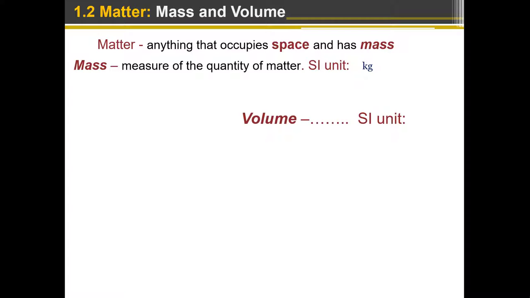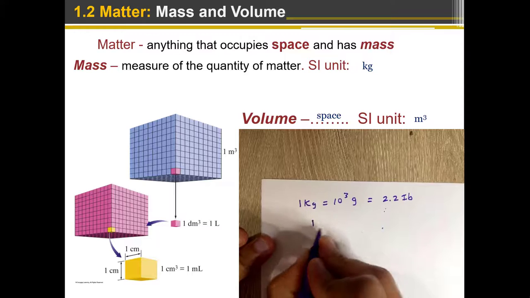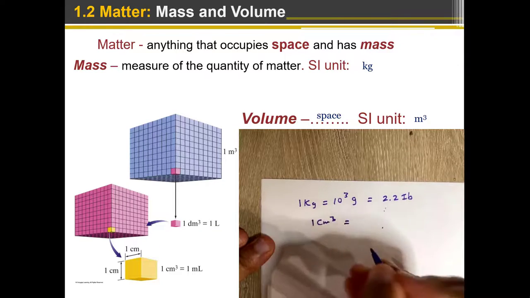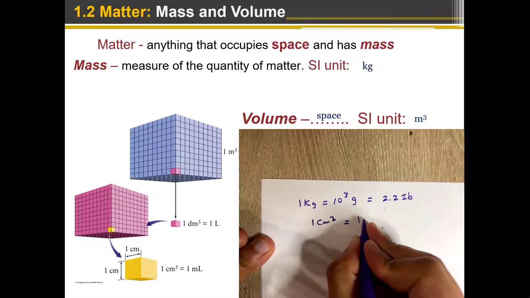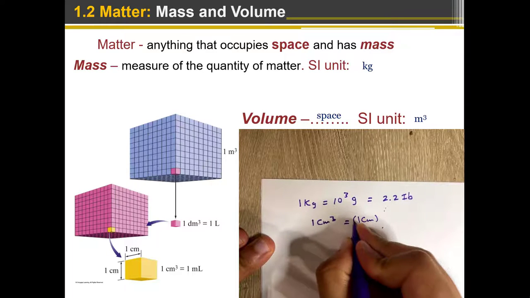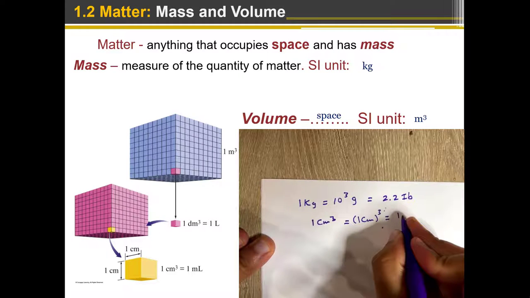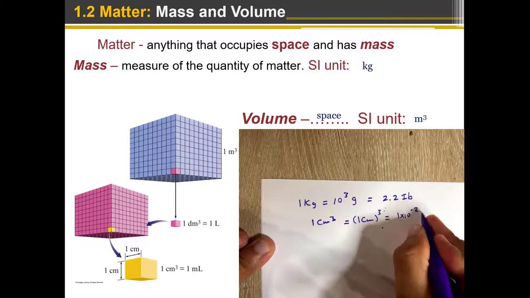Volume is a measurement of the space that the substance takes, and the SI unit for that is cubic meter. However, we use SI prefixes for smaller volumes because a cubic meter is quite a large volume. 1 cubic centimeter equals 1 centimeter cubed, which means 1 times 10 to negative 2 of a meter.